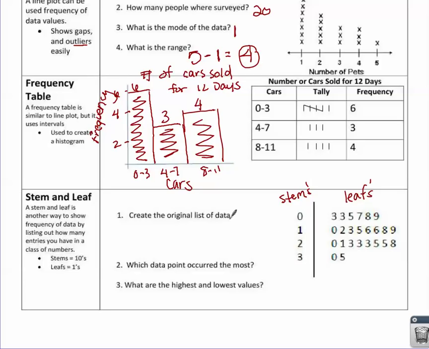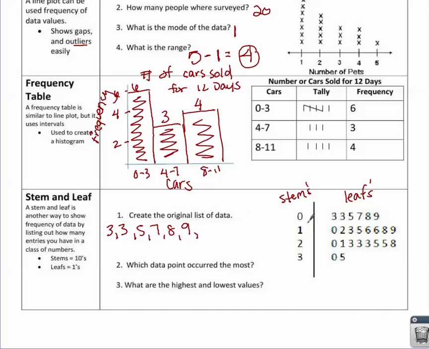So if you create the original list of data, this here, your zeros, these are all just ones. So 3, 3, 5, 7, 8, 9. Yes, you have to write the 3's twice if you're writing the original list of data because it is written twice in your stem and leaf plot.